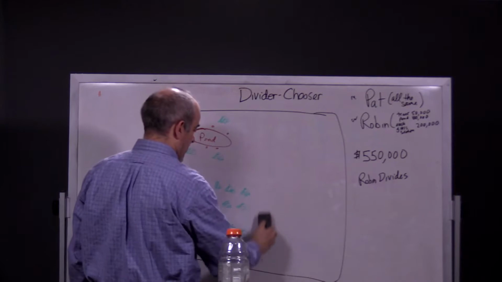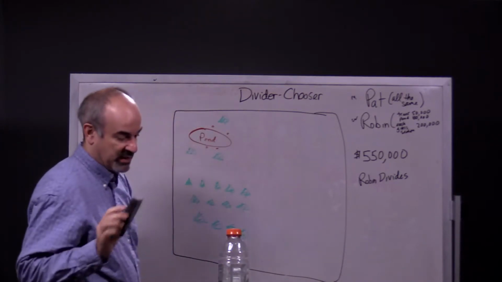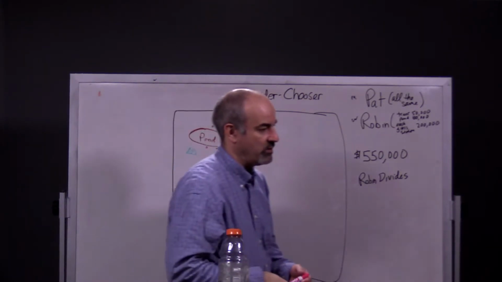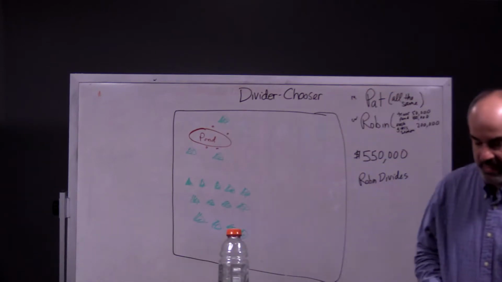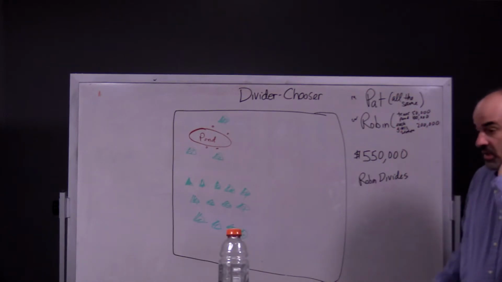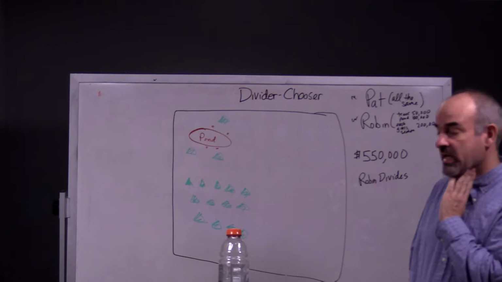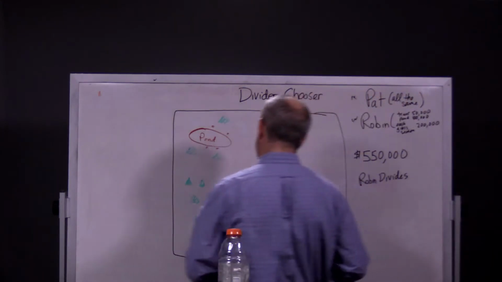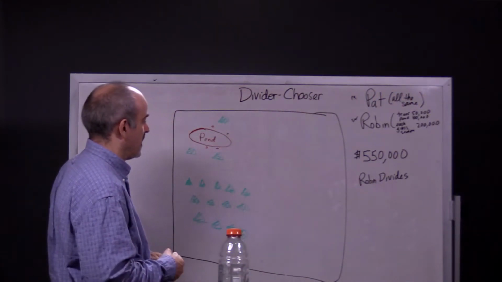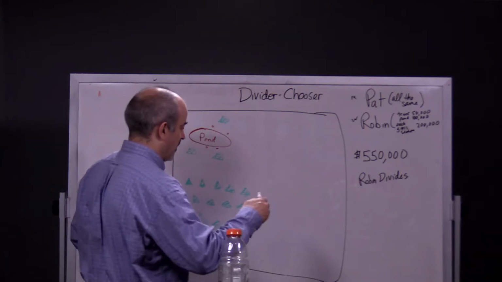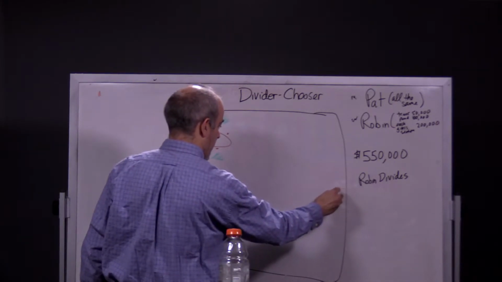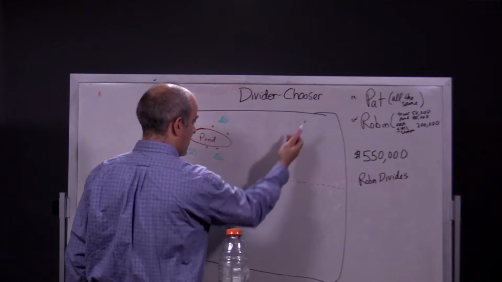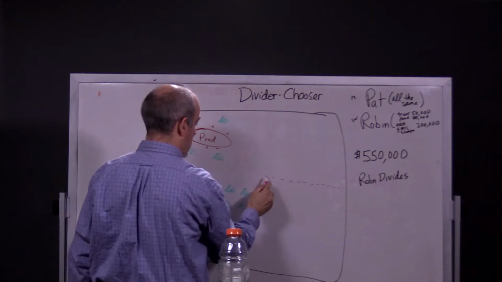She wants to divide it so she knows, because remember, she knows how she values the land. He doesn't know how she values it, but she knows, and she's the one dividing it. So what she will do, she wants to make sure she gets probably half of this, because each of these sides is worth the same to her.